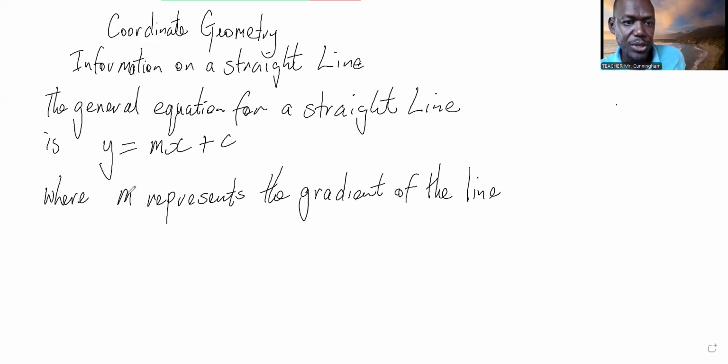And so m is the gradient. So what does this define? M represents the gradient of the line.